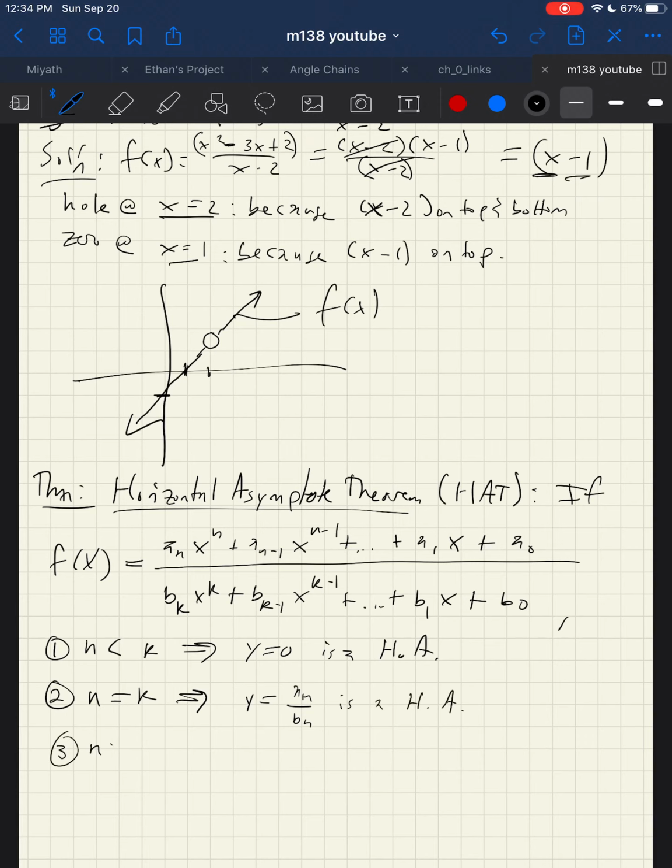And 3, if n is greater than k, there is no horizontal asymptote.